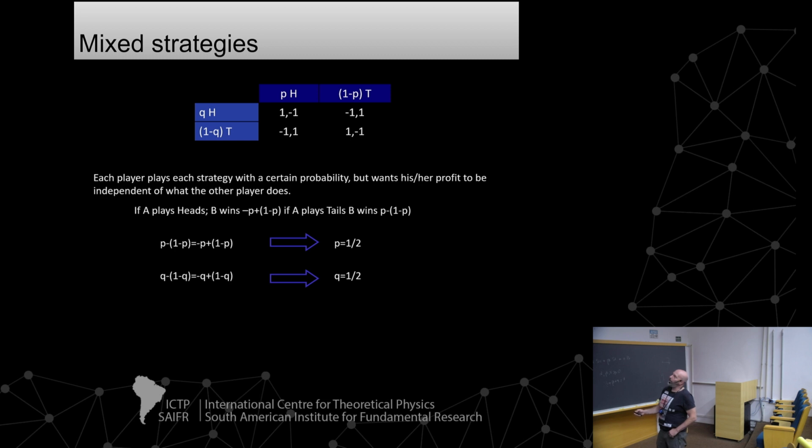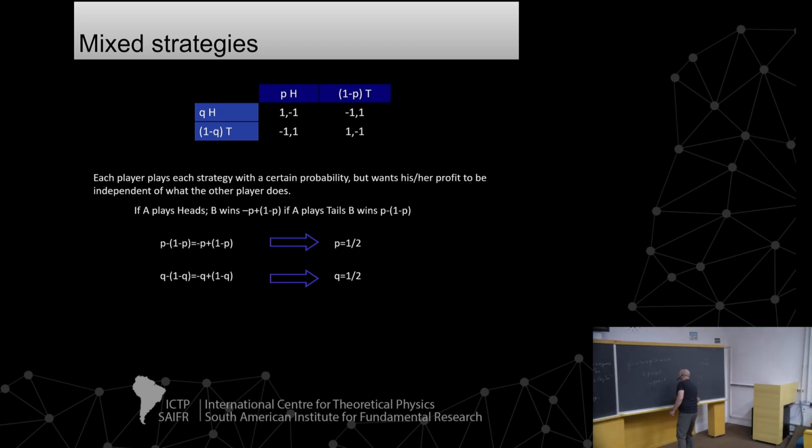Each player plays each strategy with a certain probability, but wants his or her profit to be independent of what the other player does. So if this individual plays heads, this is A and this is B. If A plays heads, B wins. So suppose that I will make the calculation here.